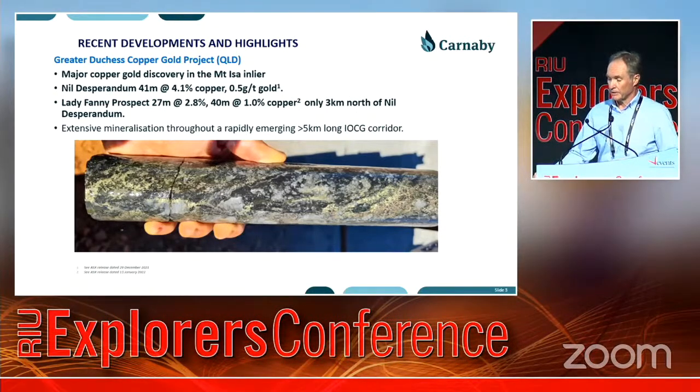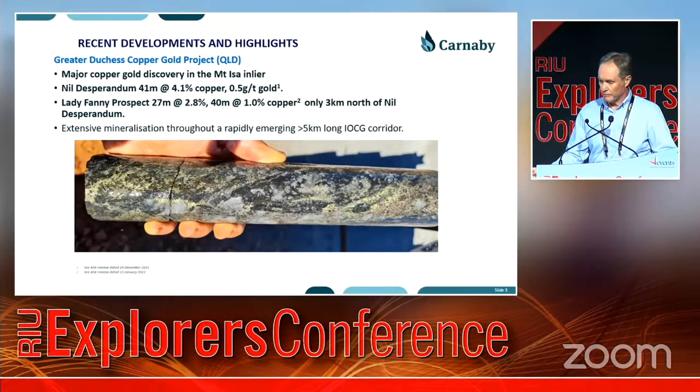The 40 metres at 1 was from surface. This is showing strong zones over 400 metre strike length coming to surface. And the results, together with the other work we're doing, have been showing an emerging IOCG corridor over 5 kilometres in length.